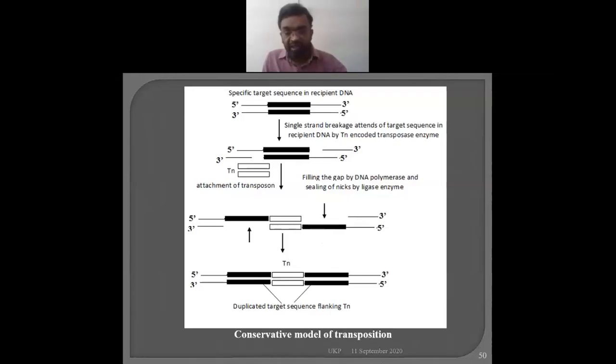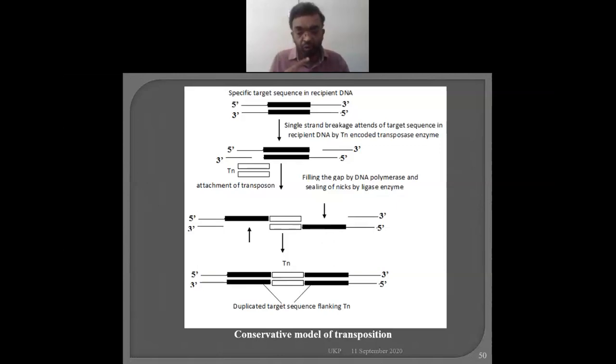That transposable element is conserved as it is, hence it is conservative. The only thing is that the target sequence gets replicated. In the original molecule, a single target sequence is there, but in the resultant molecule you will find duplication of the target sequence, but there is no duplication of the transposable element.